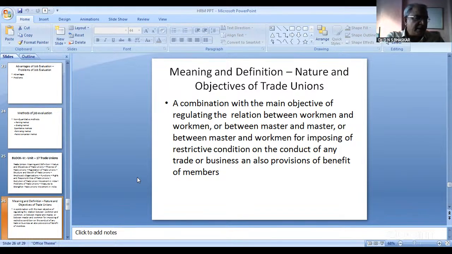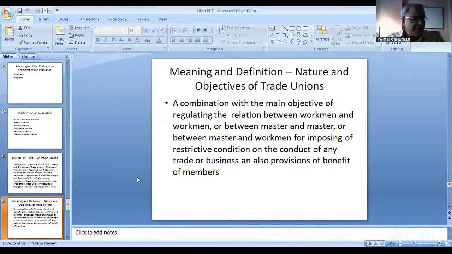This is page number 301, 302, meaning and definition of trade unions.